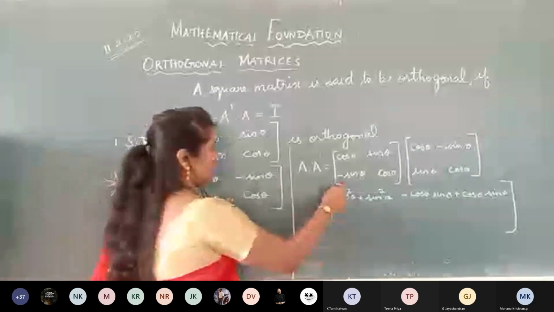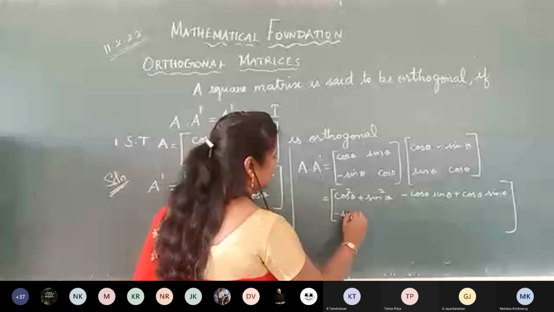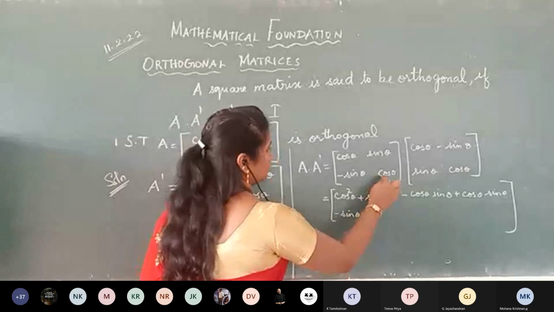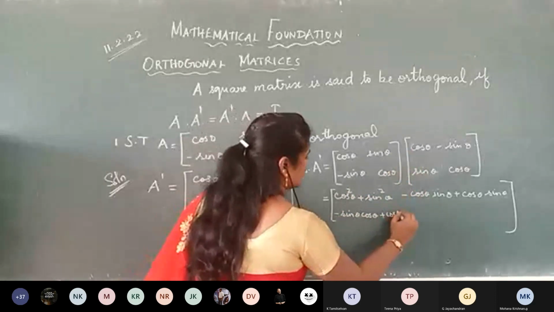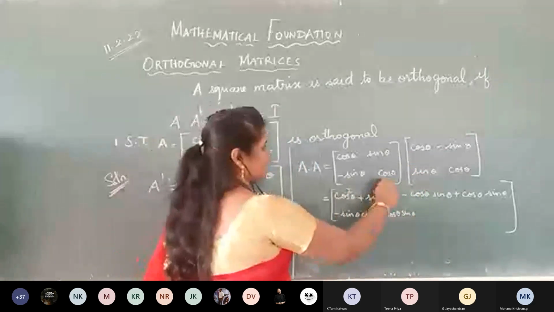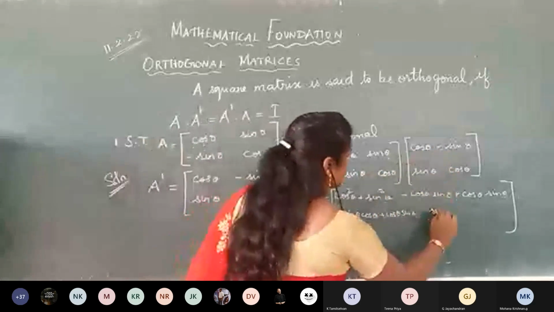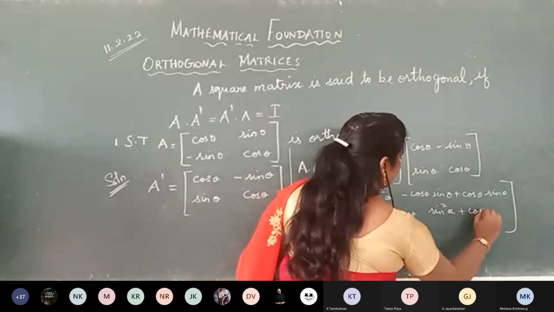Similarly, here the second row and first column, it is minus sin theta cos theta, then cos theta plus cos theta sin theta. Second row, second column, minus into minus plus, it becomes sin square theta plus cos square theta.